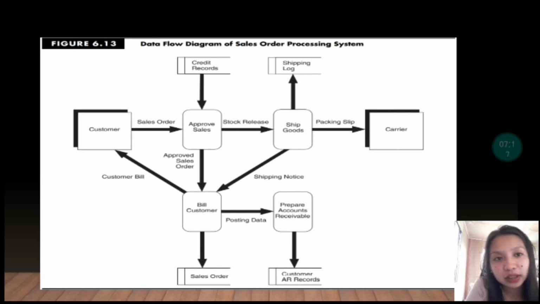The label on the arrow, or the data flowing from approve sales to bill customer, is approved sales order. So from sales order, it became approved sales order. You see the changes, even if it is just a small one. So we added approved sales order for the label.